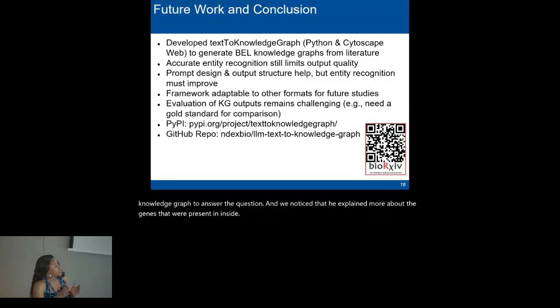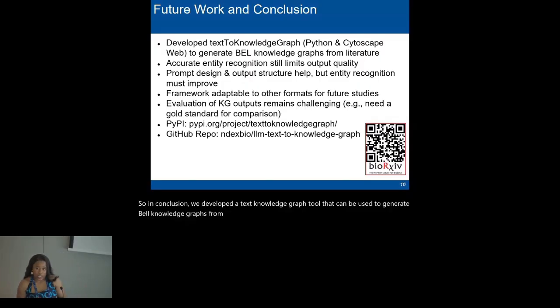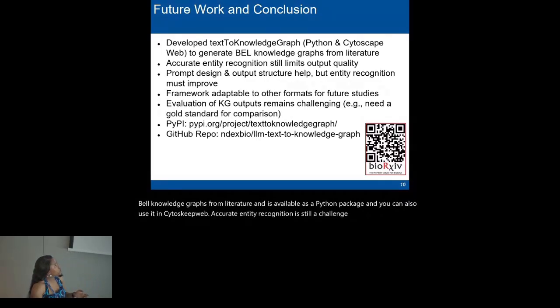In conclusion, we developed a text-to-knowledge-graph tool that can be used to generate BEL knowledge graphs from literature, and it's available as a Python package, and you can also use it in Cytoscape Web. Accurate entity recognition is still a challenge, as this limits our output quality.